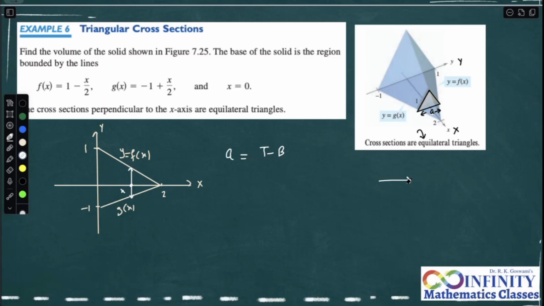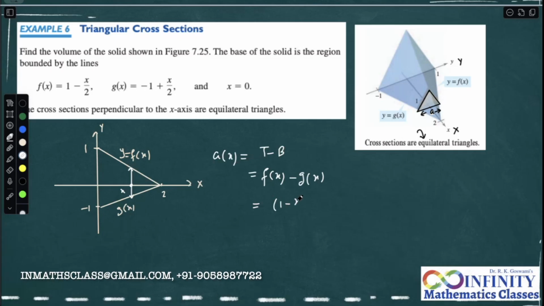Whenever it is horizontal, like I told you maybe in the previous class, it is right minus left. Remember these rules. For the moment, I'm going to use top minus bottom. Top is your f(x), bottom is your g(x). f(x) is given to you. What is f(x)? f(x) is 1 minus x by 2. g(x) is how much?